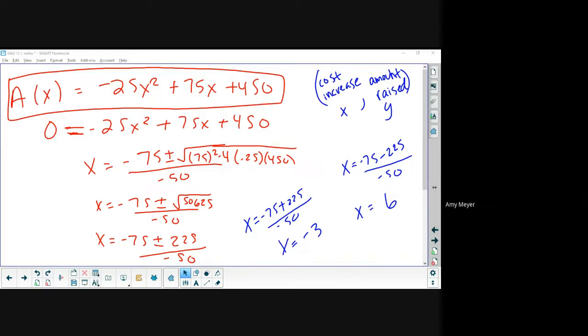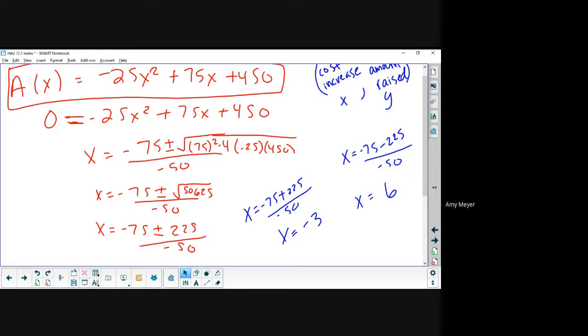Okay, these answers that were on our last problem, -3 and 6. Do you see what's happening there? Do you see an x of -3 and an x of 6? What's happening? Right here. When x is -3, I'm right there. And when I'm at 6, I'm right there.